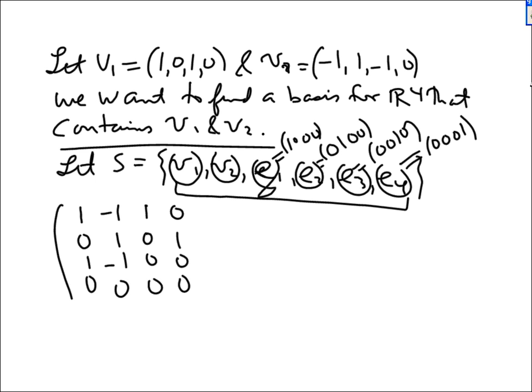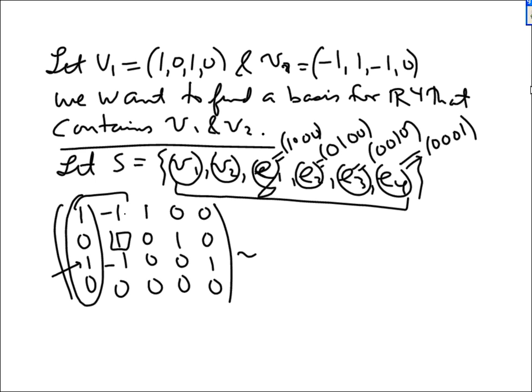By the design of Gauss-Jordan elimination, if these two columns are linearly independent, they won't leave. So we want to reduce this. The first thing is to get that to be a 0, and then get what's above and below this one to be 0. So we're setting up for those two to stay.